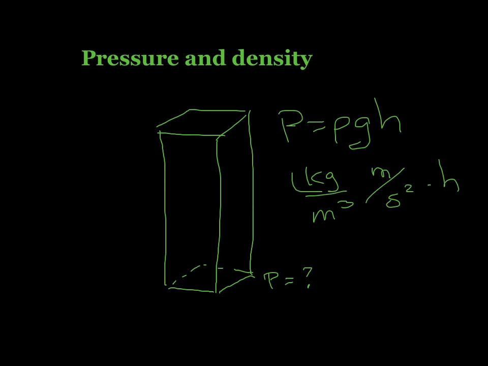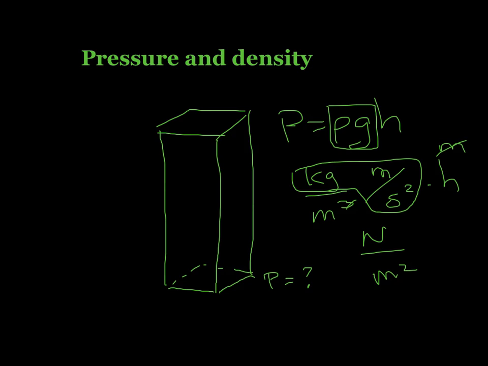Kilograms meters per second squared, remember that's newtons, and your height is in meters. Do you see how that works out to newtons per square meter? Rho times g is density times the acceleration due to gravity.